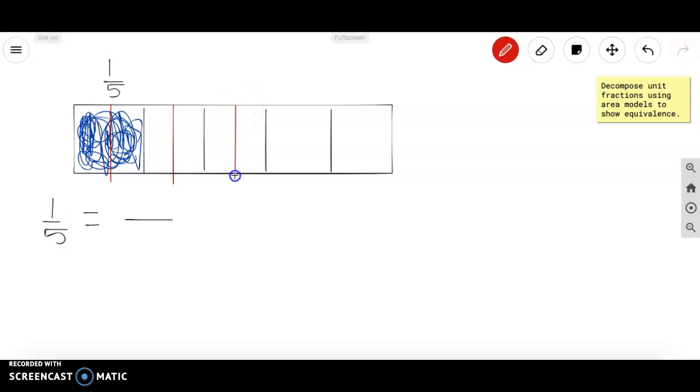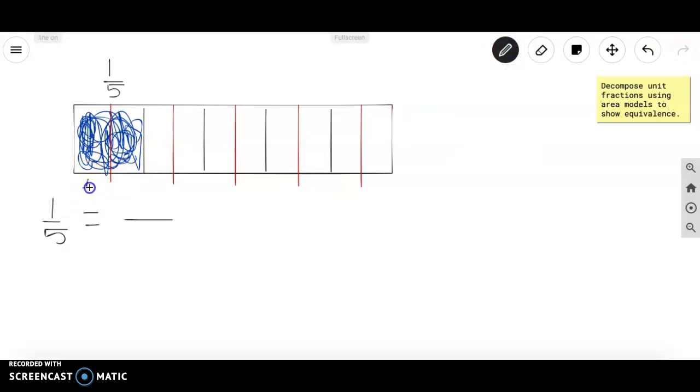So I'm going to essentially take the number of pieces I have and multiply them by 2, because I'm cutting these in half. So I now no longer have fifths, but I instead have 1, 2, 3, 4, 5, 6, 7, 8, 9 tenths. So I don't have 1/5 anymore. What I in fact now have is 2 tenths.